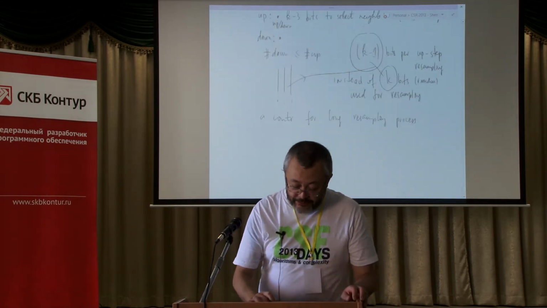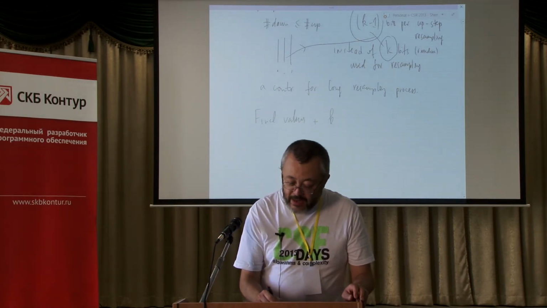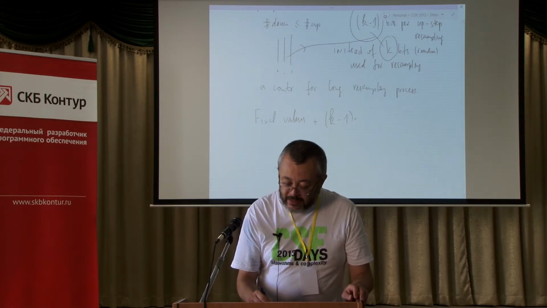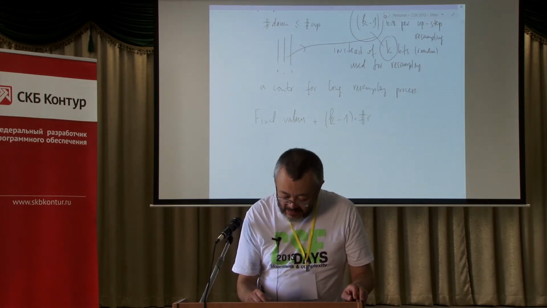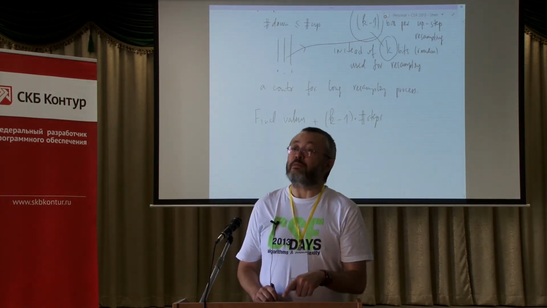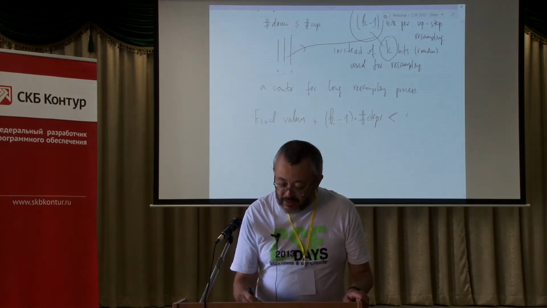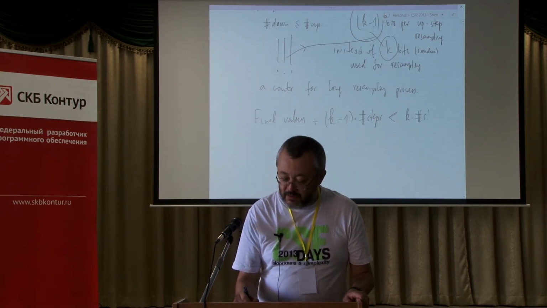So we need final values plus k minus 1 times the number of steps as the total number of bits to describe everything. And we get a contradiction if it's smaller than k times the number of steps.